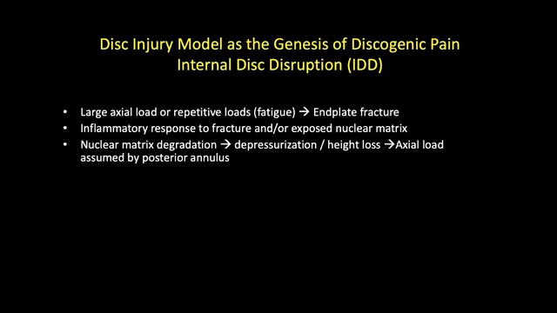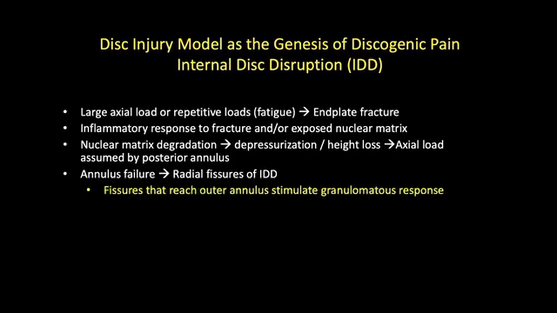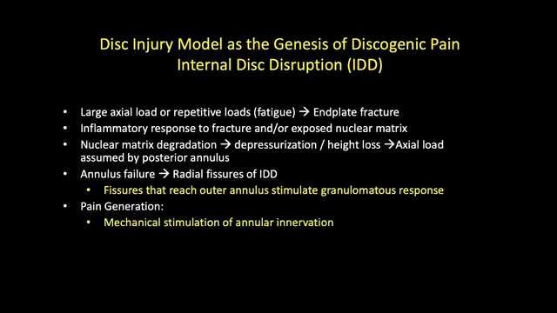Axial load is now more assumed by the annulus, particularly the posterior annulus. This can lead to annular failure where you have radial fissures constituting this internal disc derangement. The fissures that reach the outer annulus can stimulate a granulomatous response, and then pain generation can ensue because of mechanical stimulation of outer annular innervation.